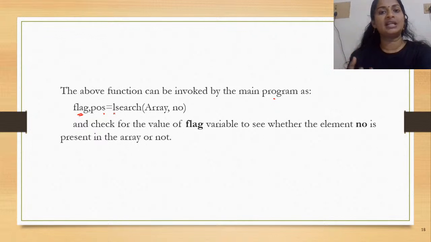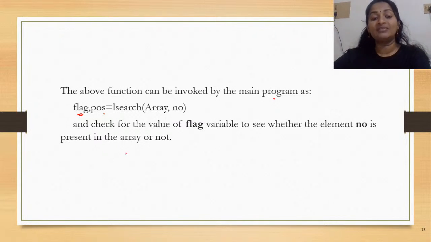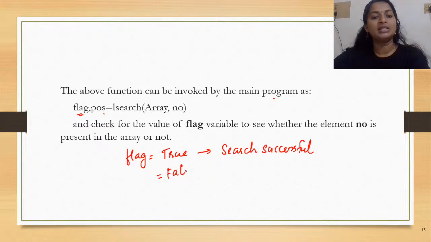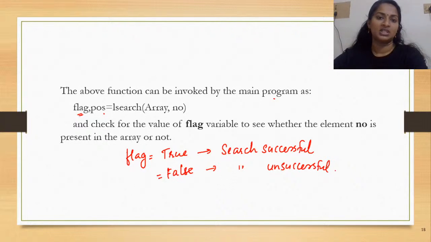Now the position is relevant only when the flag value is true, right? When is the flag value true? The flag is true when you find the element, that is, when the search is successful. And when is the flag value false? False when the search is unsuccessful, isn't it?